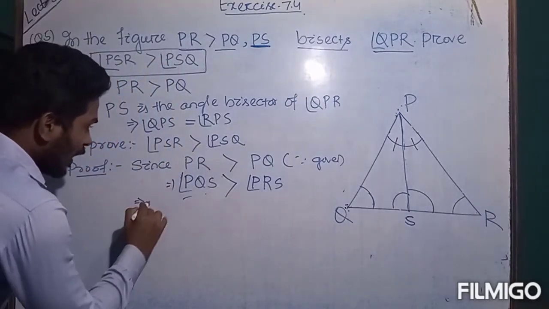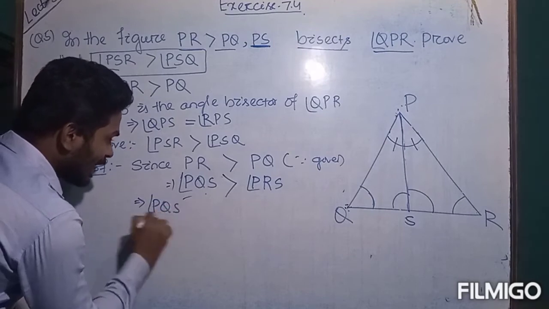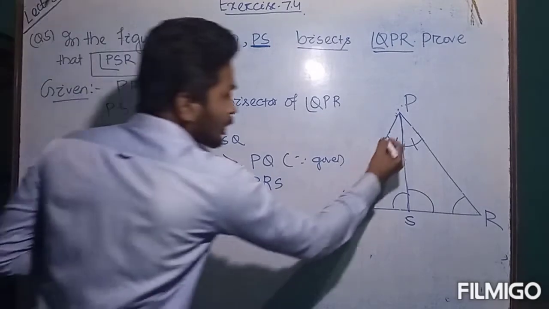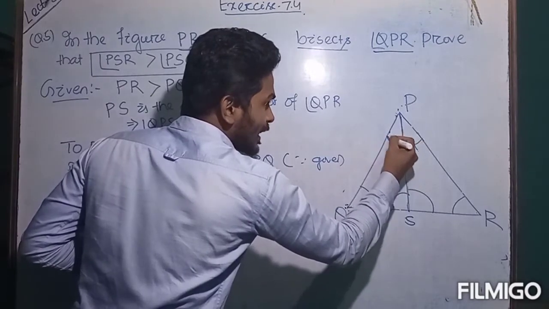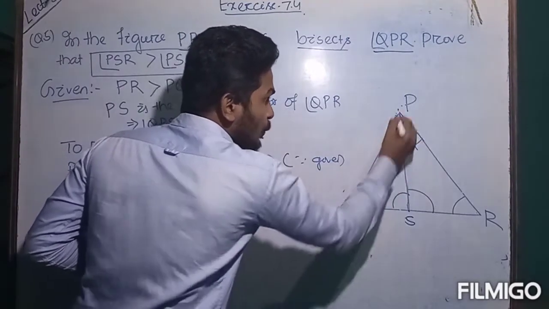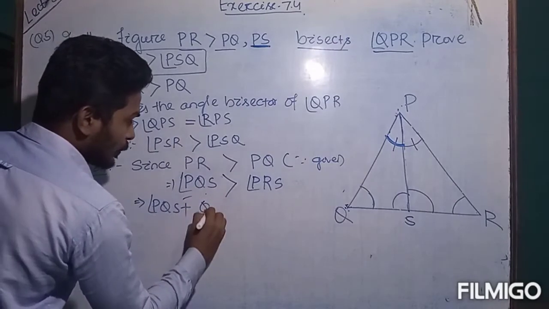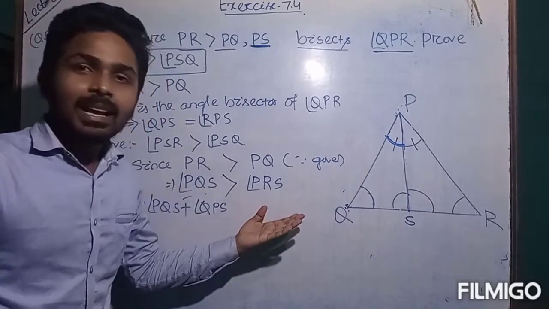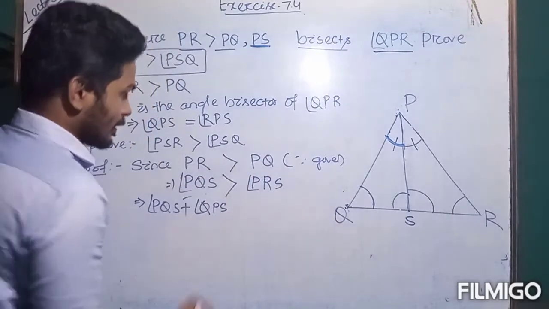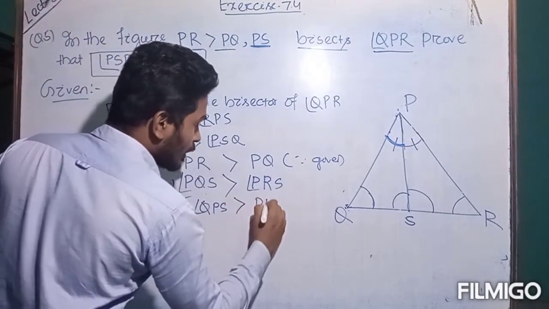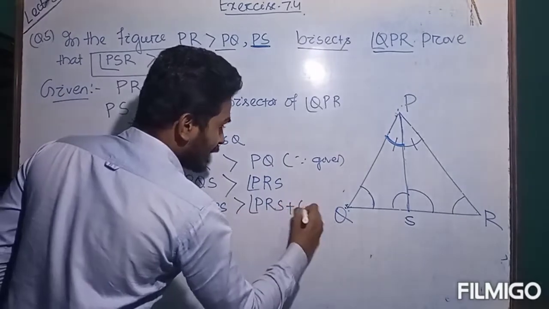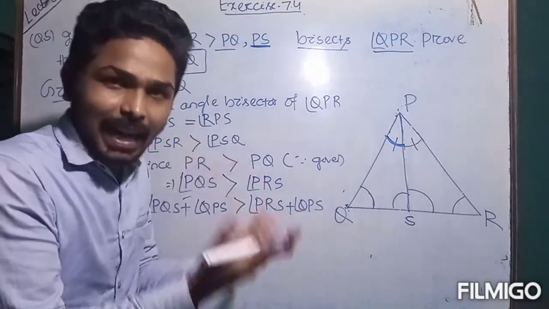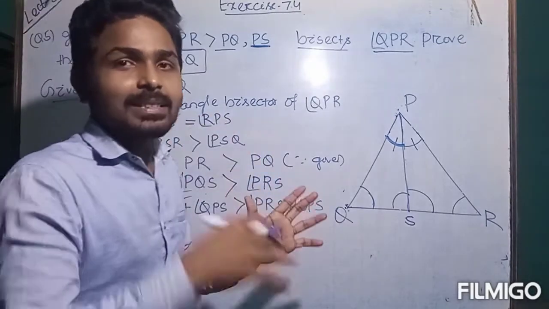Now in the left hand side, let us add this angle, QPS. Similarly, in the right hand side, let us add the same thing. We know from the chapter number 5 axiom that if the same thing is added, there is no change in the final result.